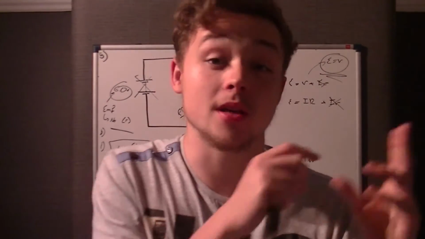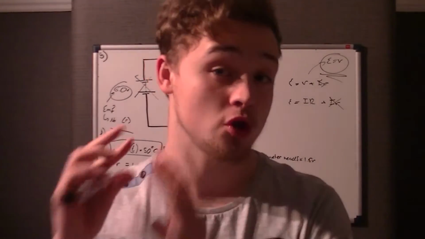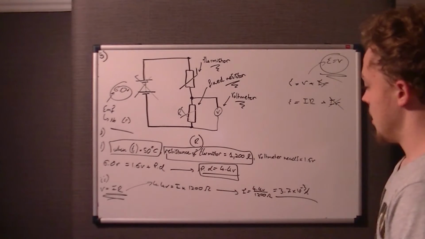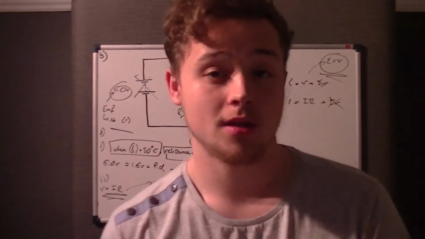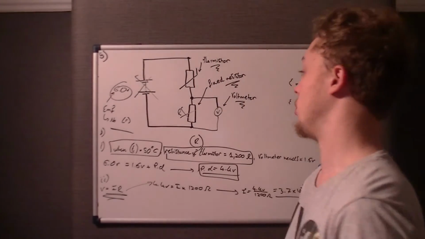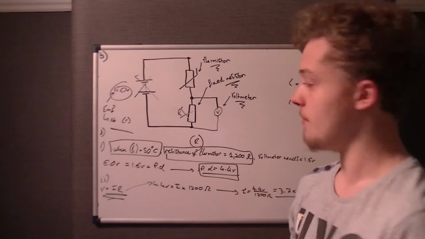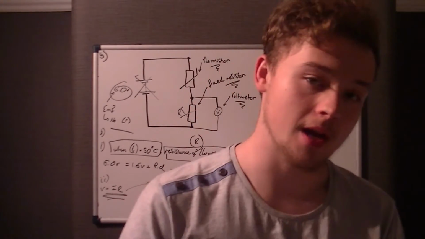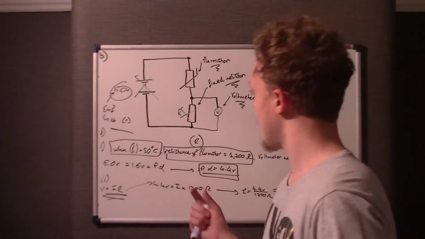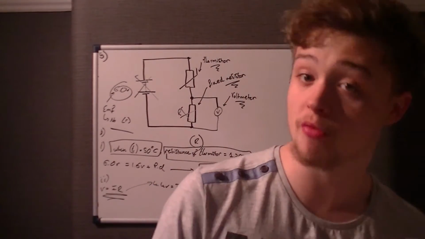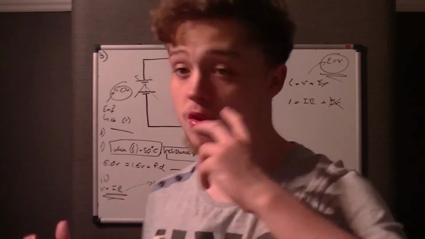So we can say that the EMF is equal to the potential difference of the circuit, which is 6 volts. And 1.6 of those volts is already taken up over the fixed resistor. But the remaining 4.4 volts must be attributed to the thermistor.